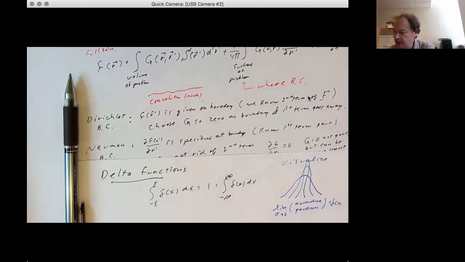Another way you can do it is you can take blocks that have a width w, from minus w over 2 to w over 2, and a height of 1 over w. And so the area equals w times 1 over w, or 1.